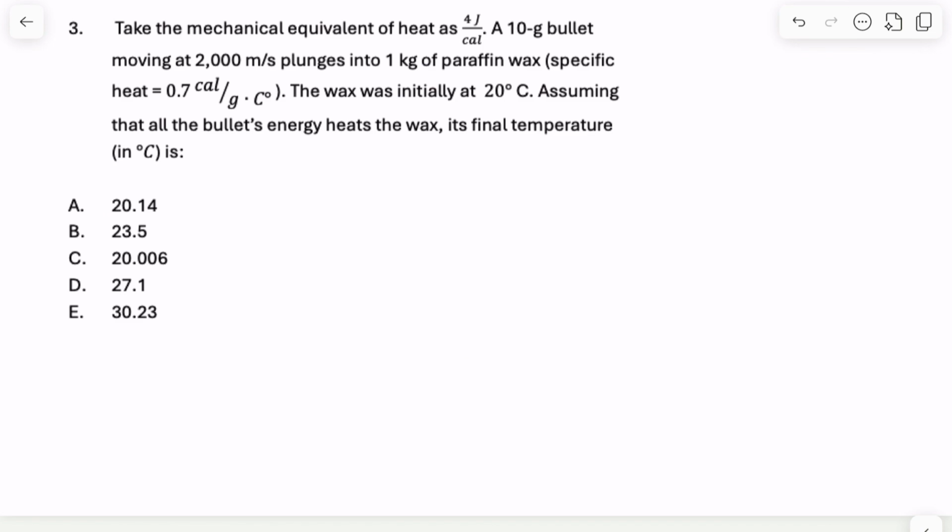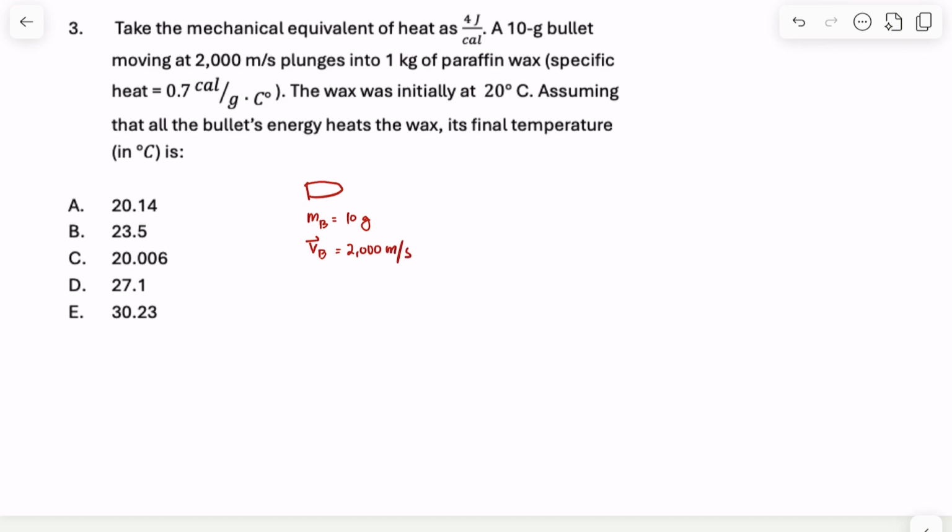Now for number 3, take the mechanical equivalent of heat as 4 joules per calorie, and then you have a 10-gram bullet moving at 2,000 meters per second. So if we have a bullet here, the mass of that bullet is 10 grams, and it's moving to the right with a velocity of 2,000 meters per second.